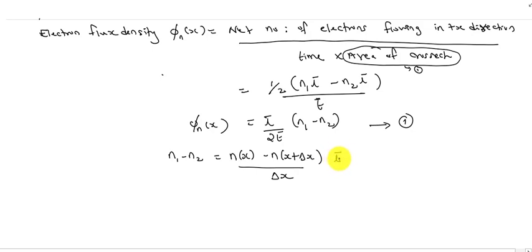Instead of delta x I put L bar in the numerator, with the assumption that delta x is approximately equal to L bar, since L bar is a small differential length. So we can write N1 minus N2 as L bar into n of x minus n of x plus delta x by delta x.